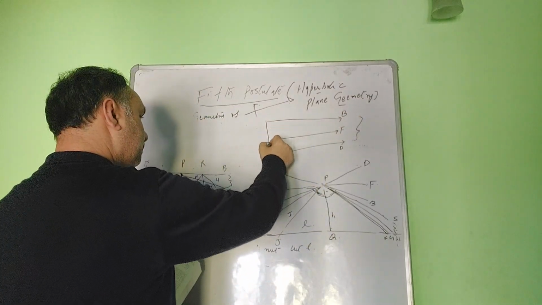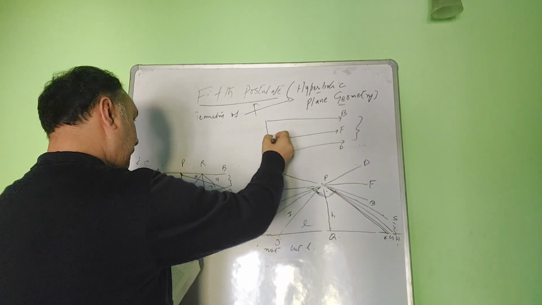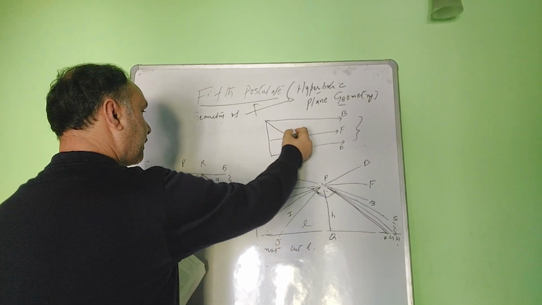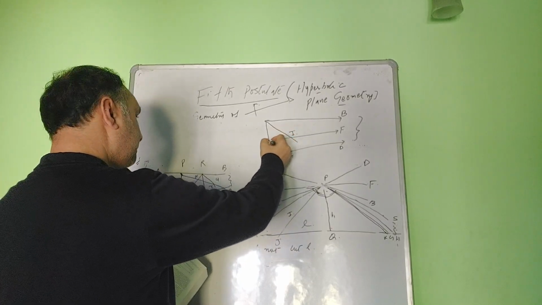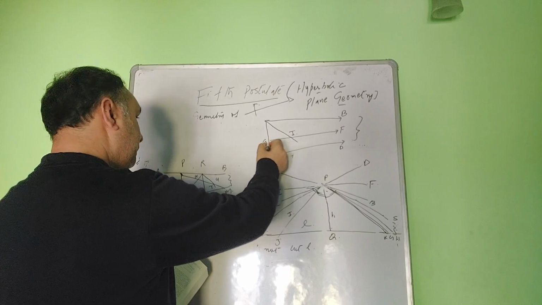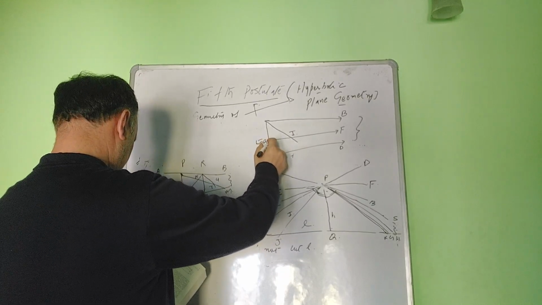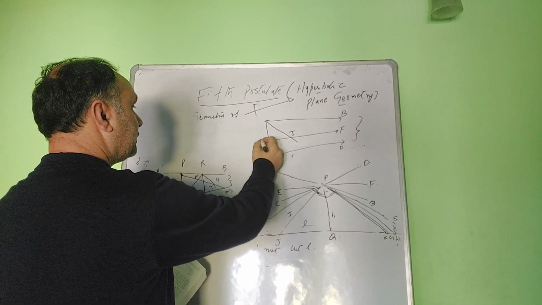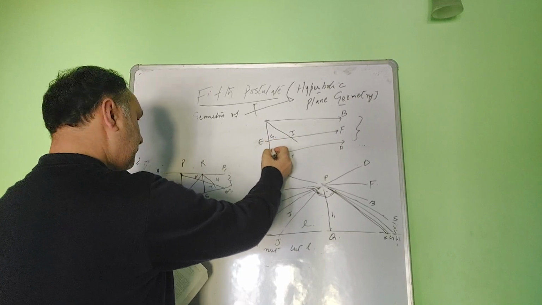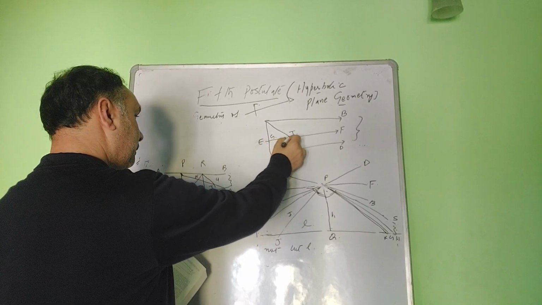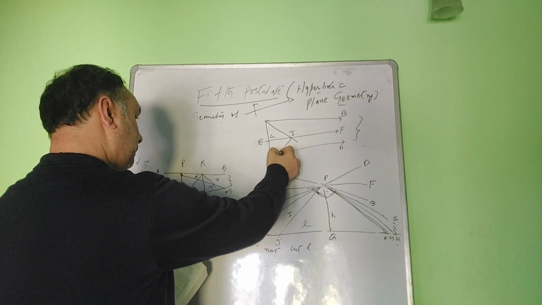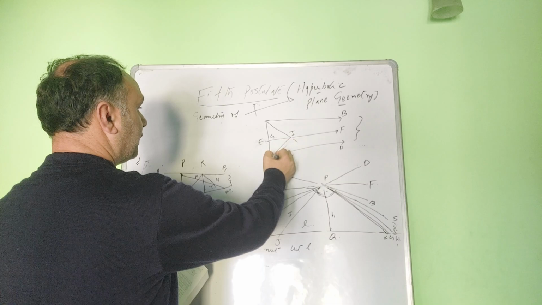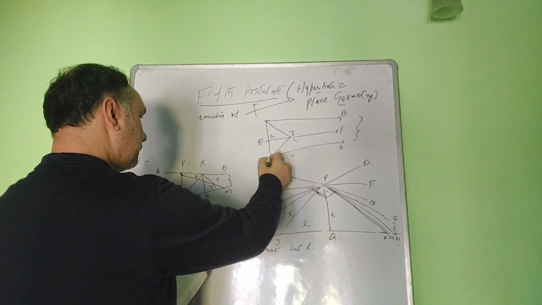So this is point I, this is G, this is E, this is G, and you can have this point C.